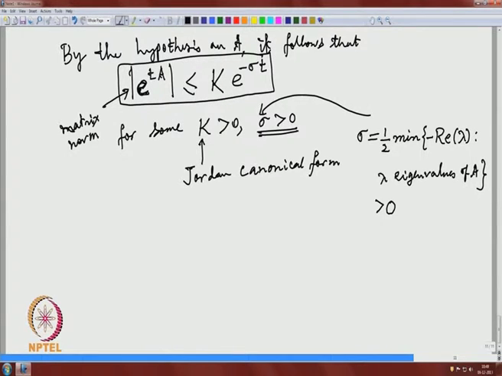Okay. Once we have this, now I invoke the hypothesis. I want to now write it in terms of epsilon and delta.